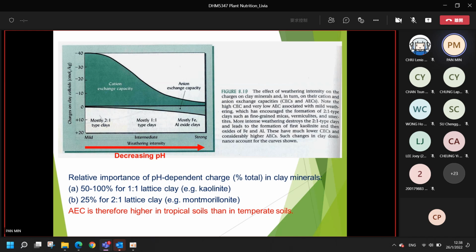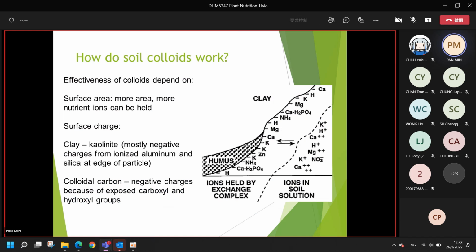So AEC is higher in tropical soil than in temperate soil, according to the research data collection.